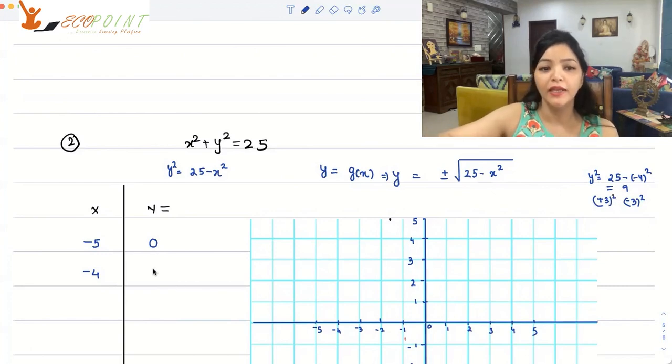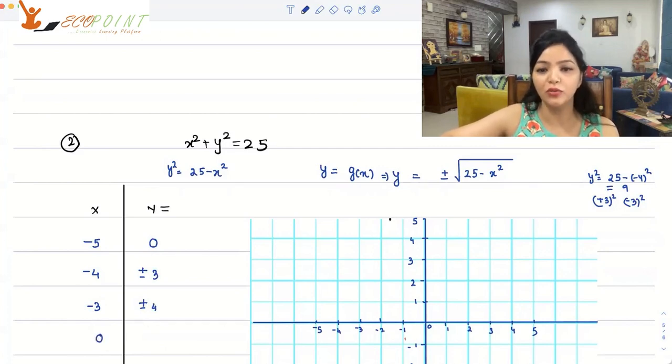That is why y can take both the values, plus as well as -3. When you take the value -3 for x, what will you get? You will get 25 minus 9, which gives you 16 inside the square root. That means plus or minus 4 comes out, it can take both the values.